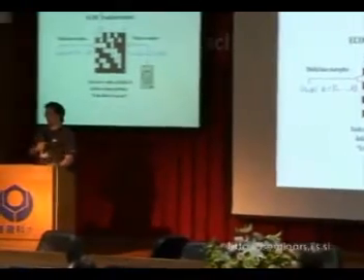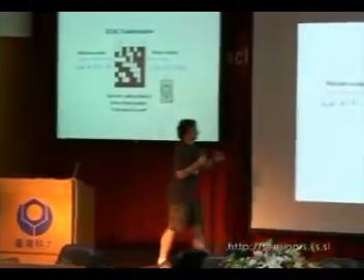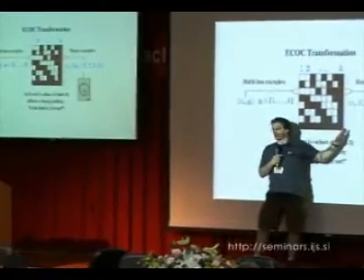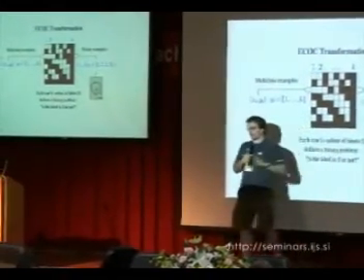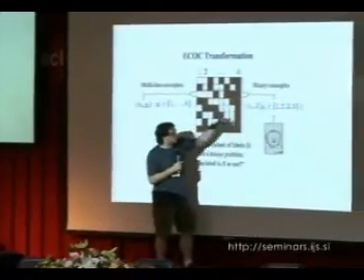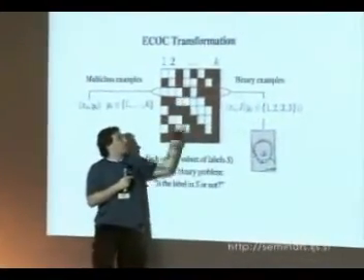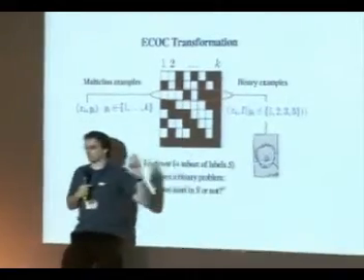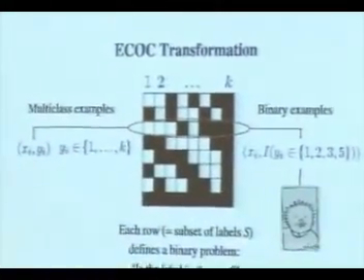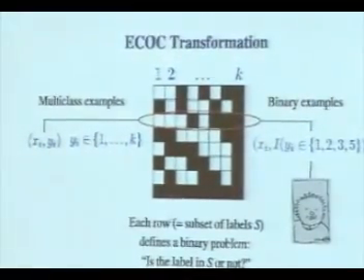And so we'll just count the number of times that there's a disagreement between the canonical predictions you would expect if 2 is the correct answer and what you actually observe. And we'll count the number of times that your observed predictions differ from 3 and from 4 and from 5 and 6 and k and so forth, right? And then we'll just choose the multi-class label which has the smallest difference in terms of Hamming loss.